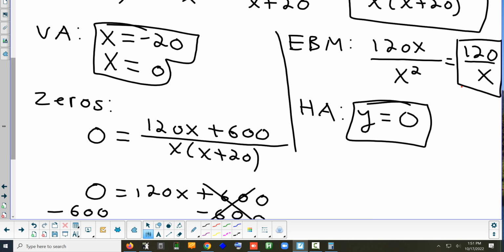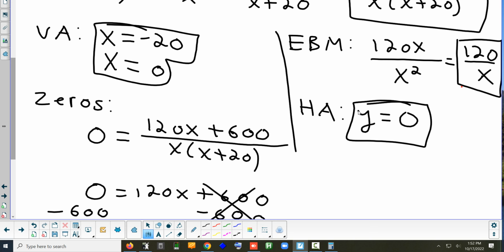Tyler, why not? No matter what I make this number in the bottom, why won't that fraction ever be 0? So what has to happen for a fraction to come out to 0? Kira?